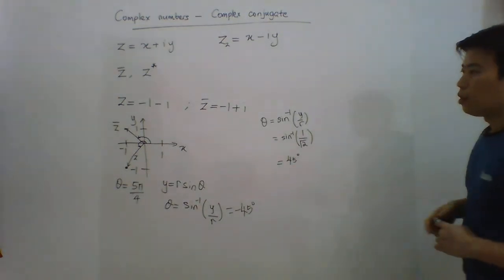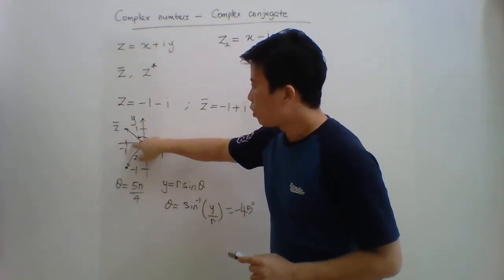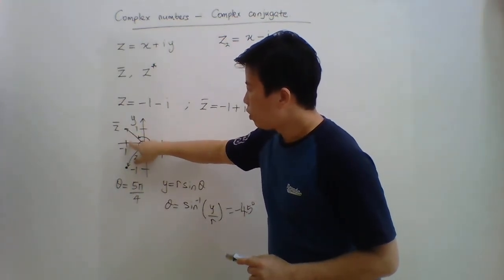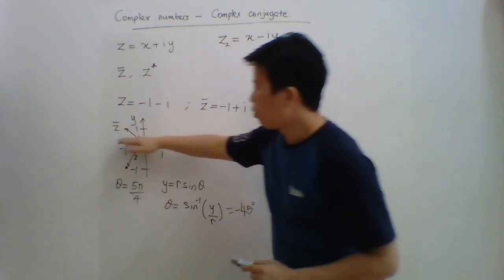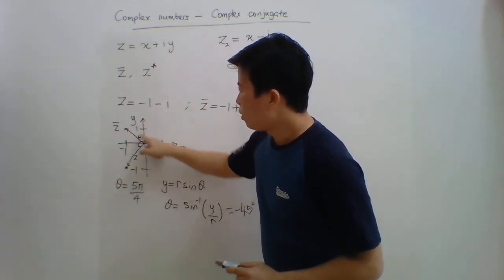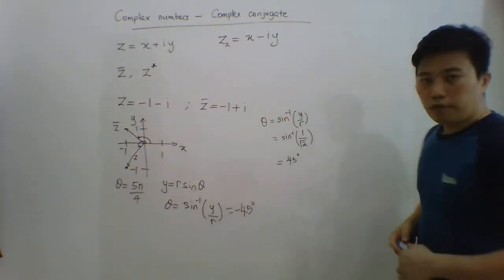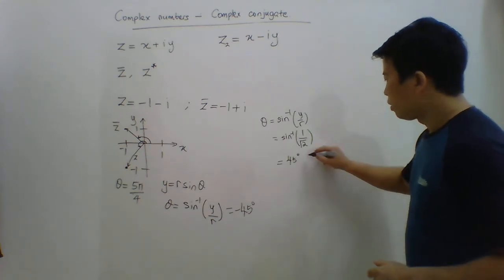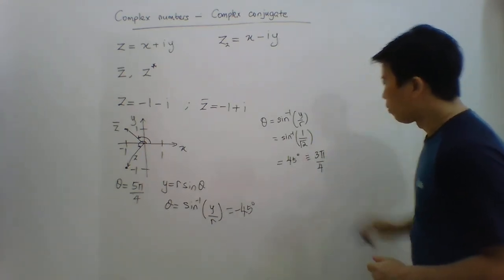So here it means the angle that is made between this line over here with the x-axis is going to be 45 degrees, and the angle now, if you define from here, is going to be 135 degrees. Okay, so this is equivalent to writing 3 pi over 4.